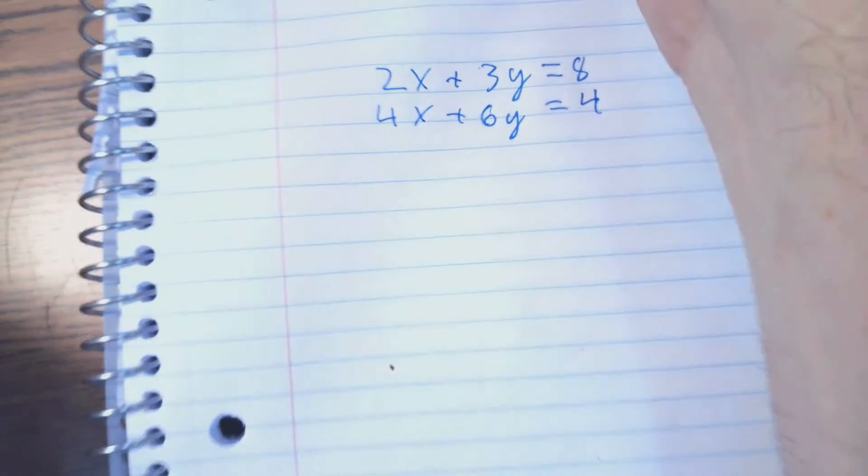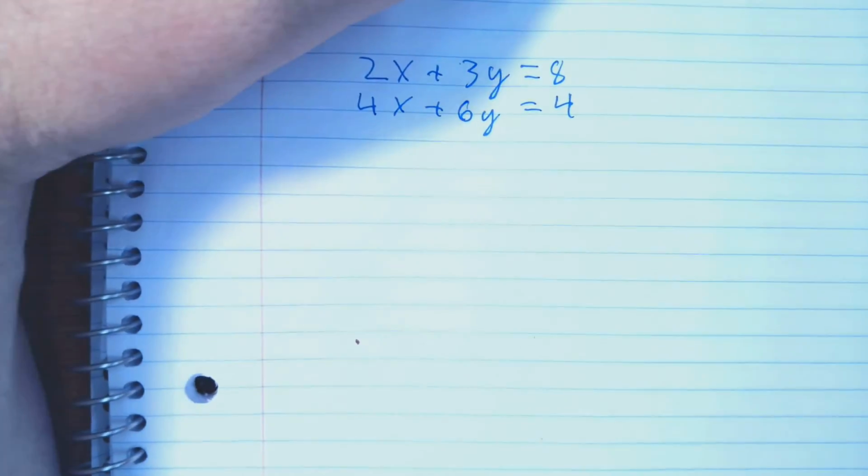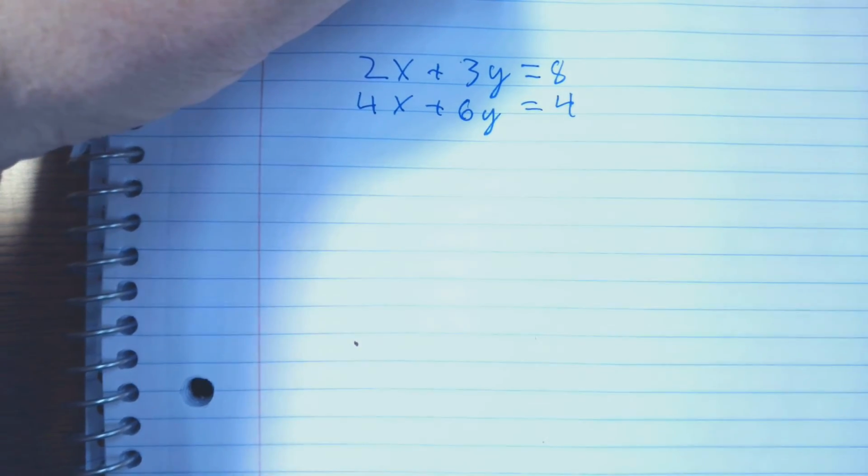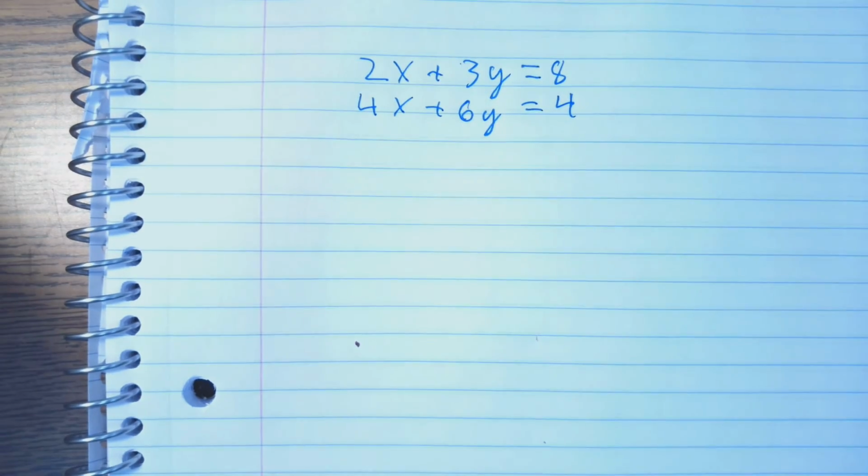You can't see that. Okay, we're not going to graph this. I recommend let's just use the combination method. I need to find and create an opposite, right?